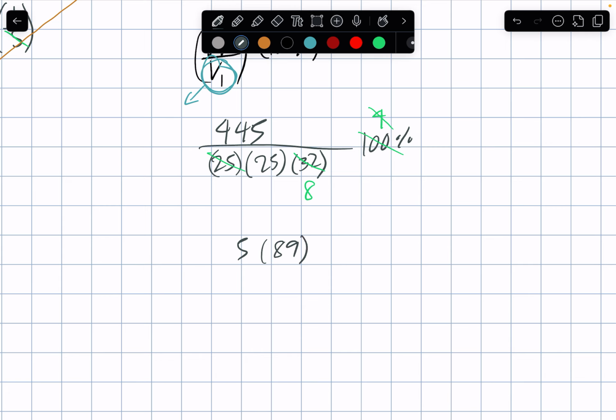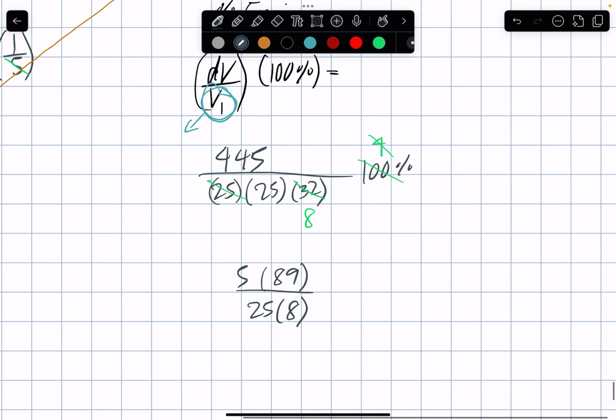That's a weird value. 25 times 8. 89 times 5, 40, 45, 445.